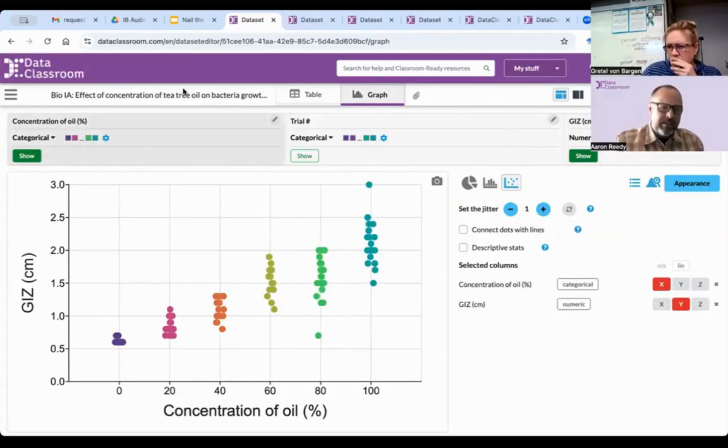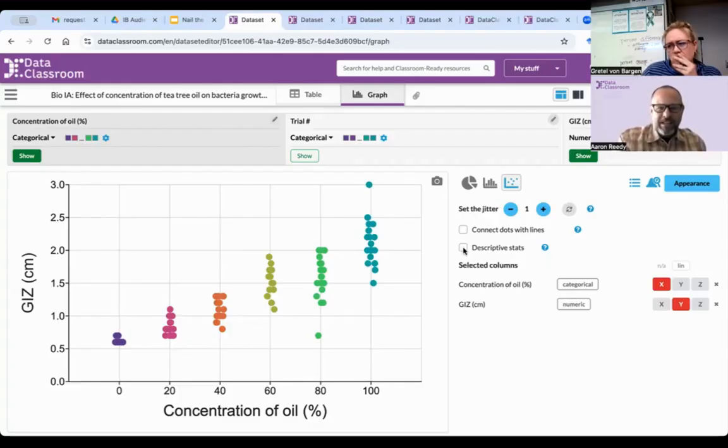And now what you see here is called a jittered dot plot, where each of these dots is sort of clustered above all of those categories that are on X. And now remember, our categories happen to be numbers, right? We've got 0, 20, 40, 60, 80, 100, but we're treating them as if they're categories. They could be red, yellow, blue, green. We're treating them as categories.